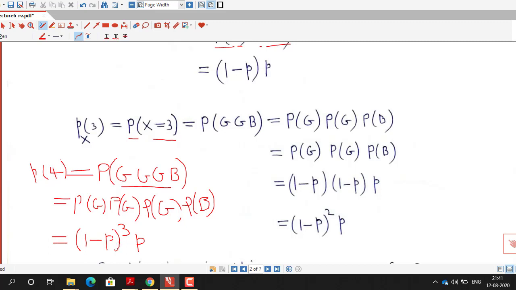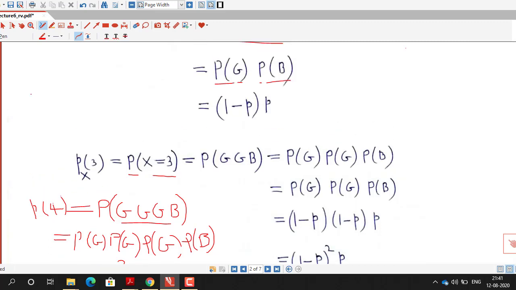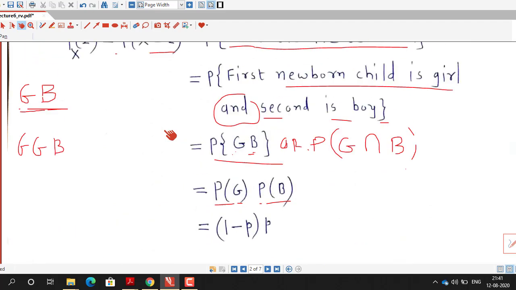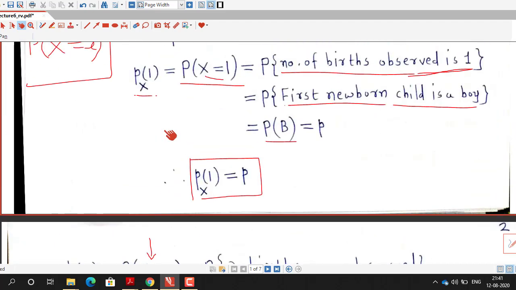So you can observe some common behavior for all these values. P of 1 can be written as 1 minus P raised to 0 into P. And what is P of 2?